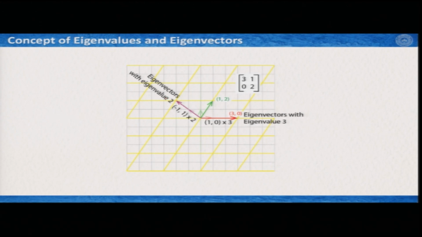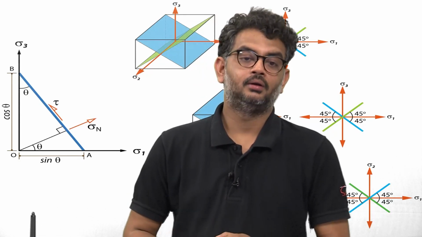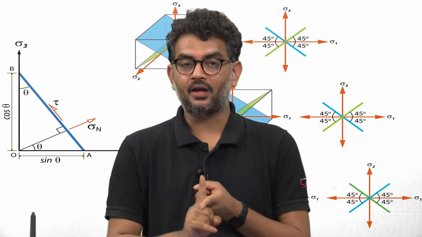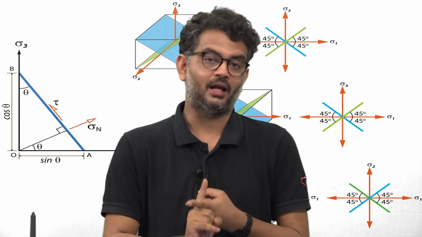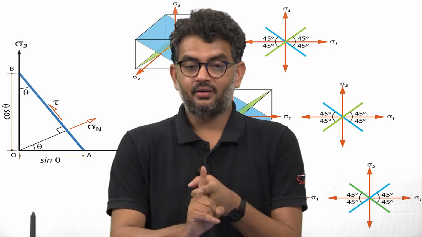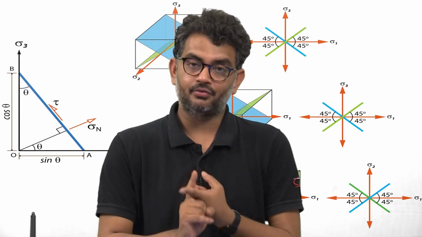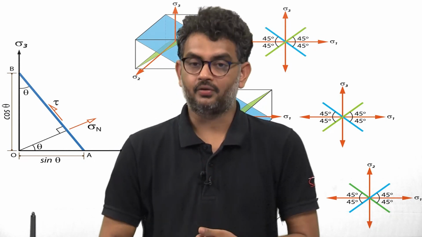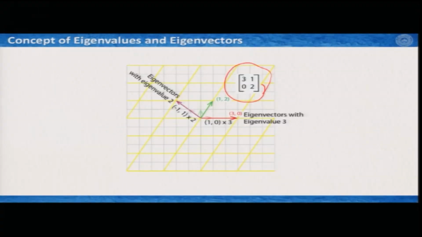That means that in 2 dimensions, if I apply this matrix, no matter which point of my deforming body I take, these two directions would remain constant, that means their orientations would remain the same, and therefore, they are very much characteristics of this deformation matrix.